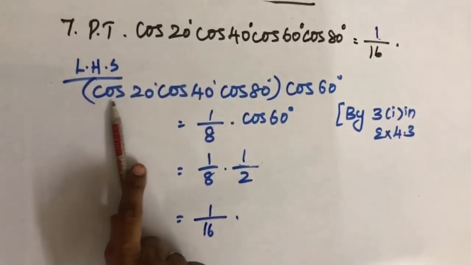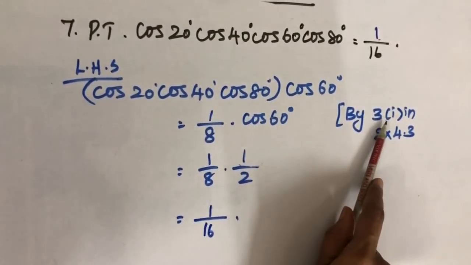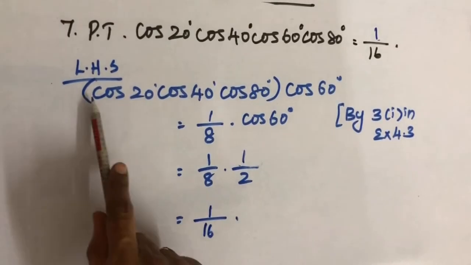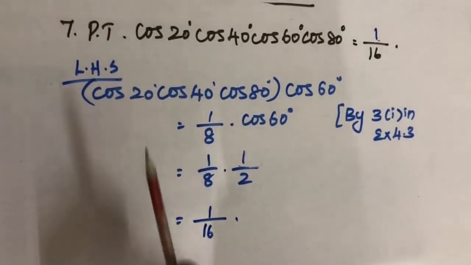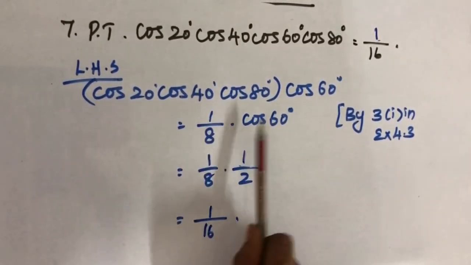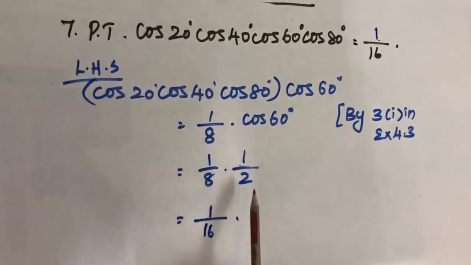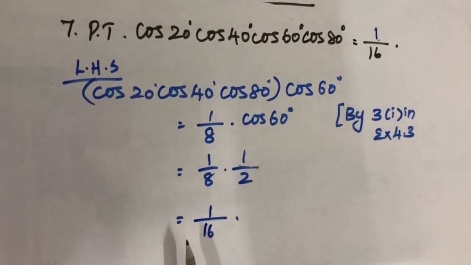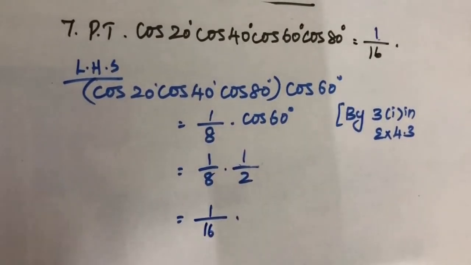Since we have found the value for this in the third problem of the same exercise, we can substitute the value. We have found that it is 1 by 8. So, 1 by 8 into cos 60. Cos 60 is equal to 1 by 2. That is equal to 1 divided by 16. That is what we have to prove.